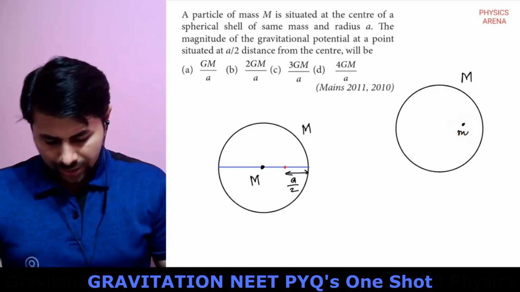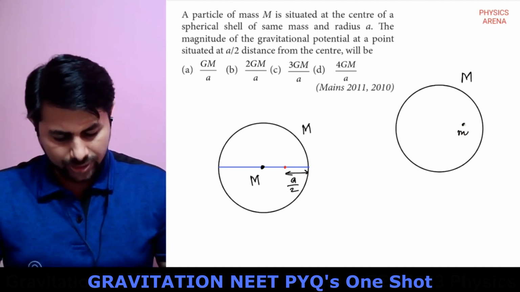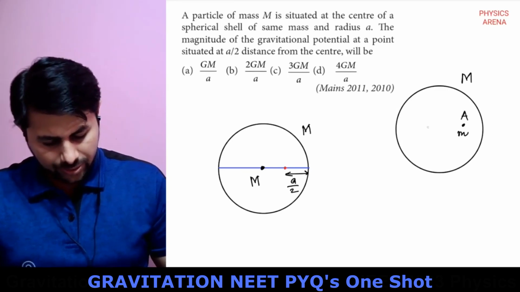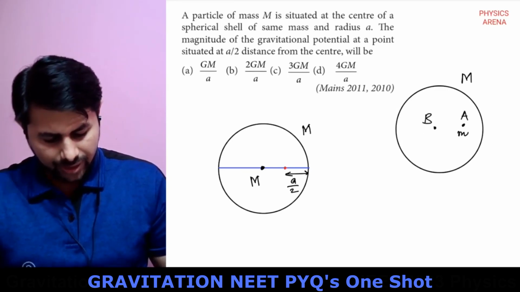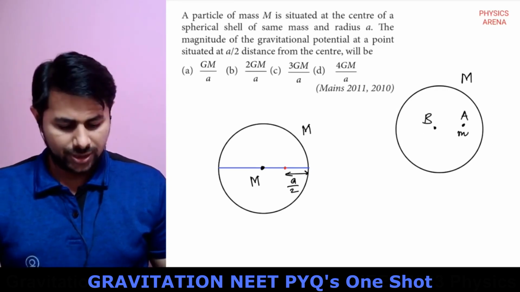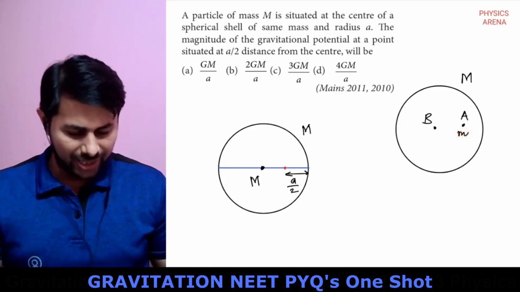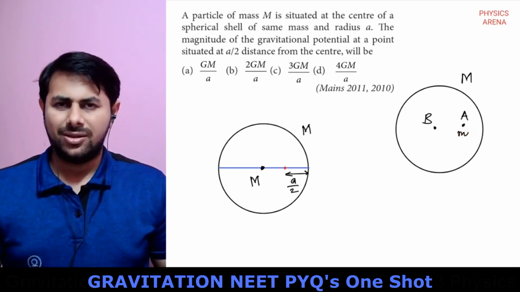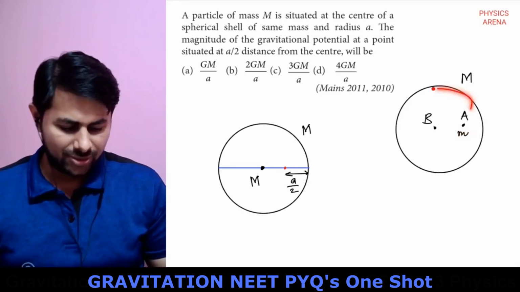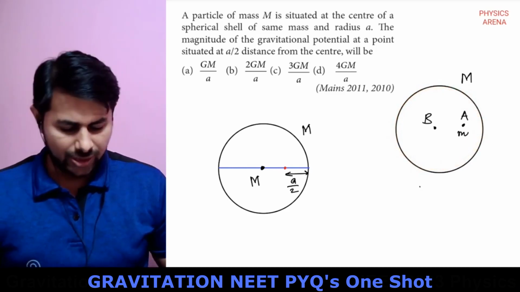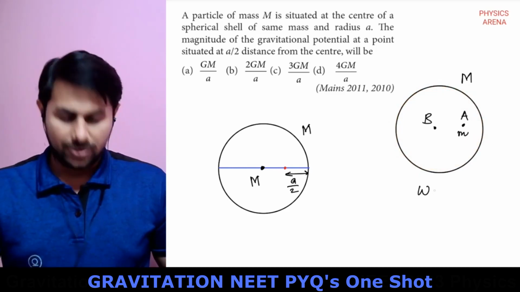Now if I move this mass from position A to some other position B inside the shell, since there is no force acting on it at A or B, the work done will be 0.